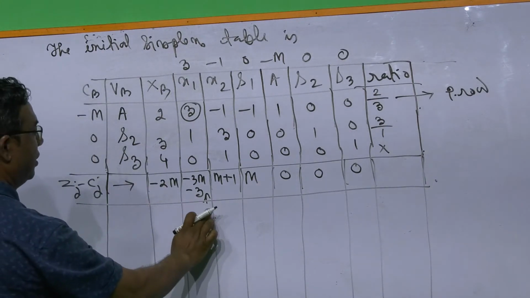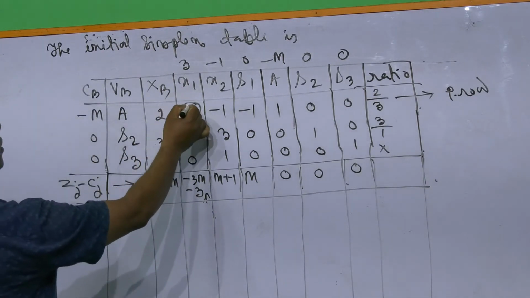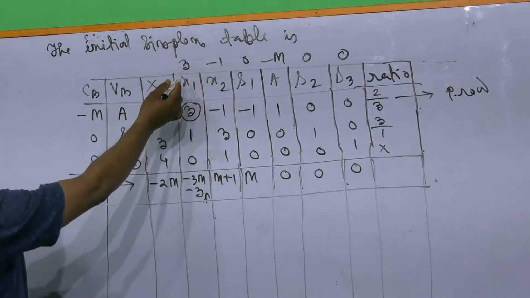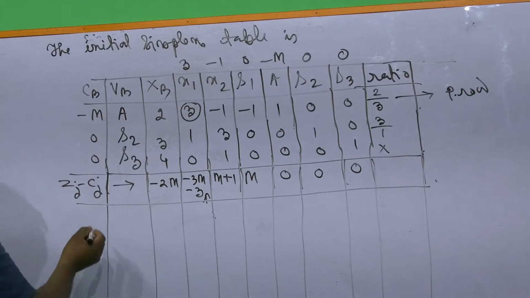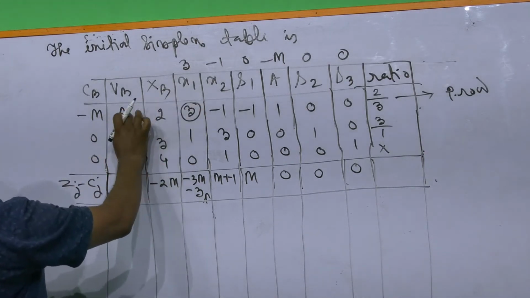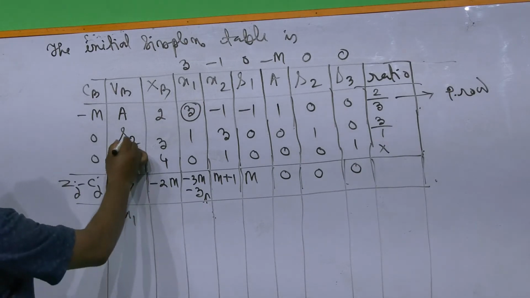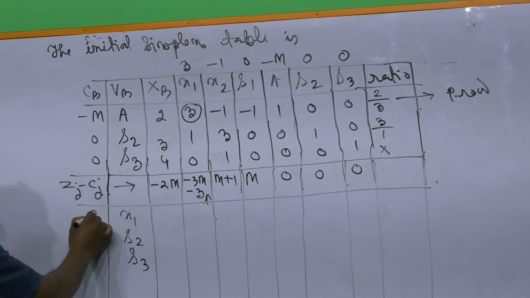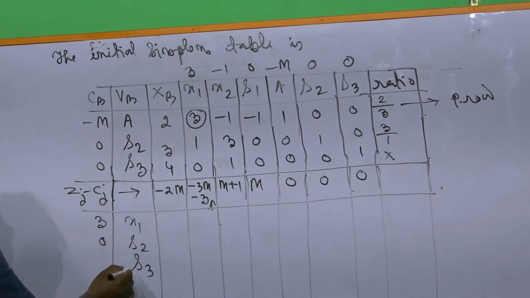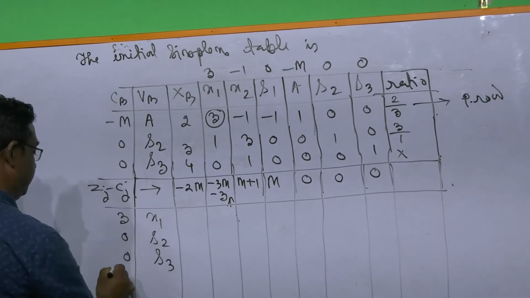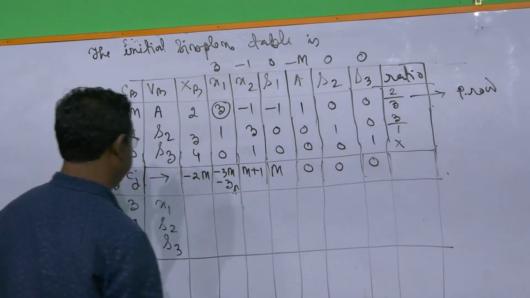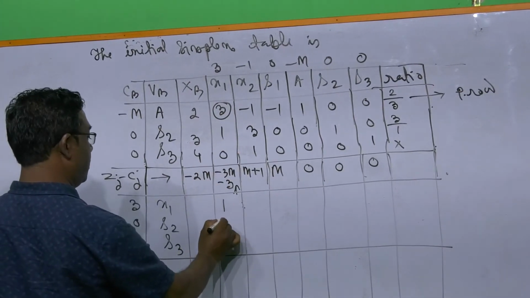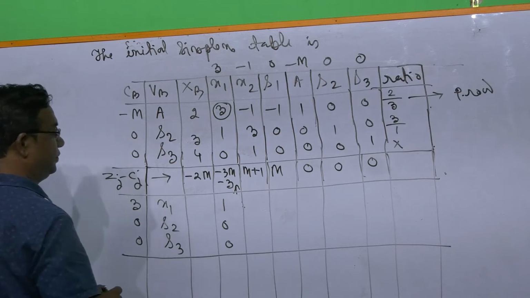So the variable x1 will enter the new basis, so this A is replaced by x1, so you write x1 here, then s2, s3, coefficient of x1 is 3, s2 is 0, s3 is 0. You complete this, then you have to write this is 1, this is 0, this is 0.